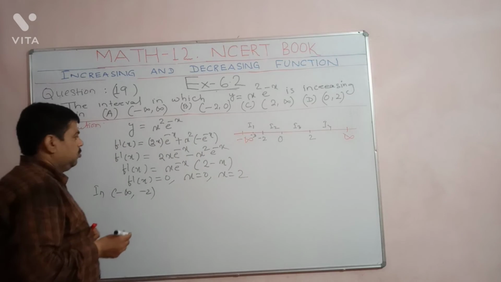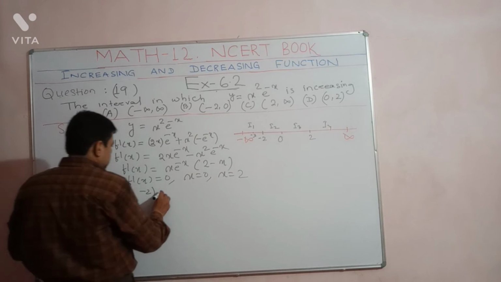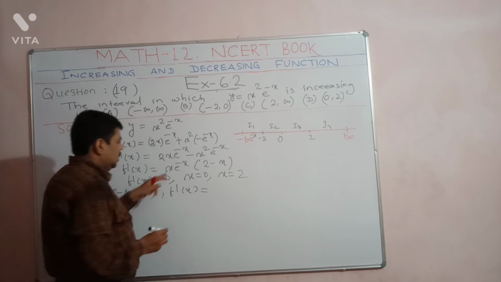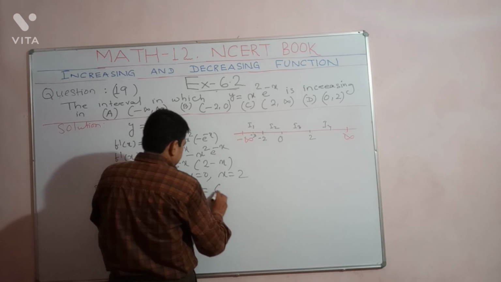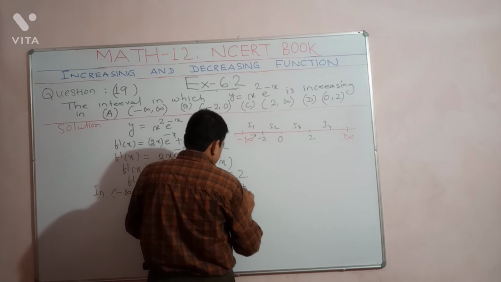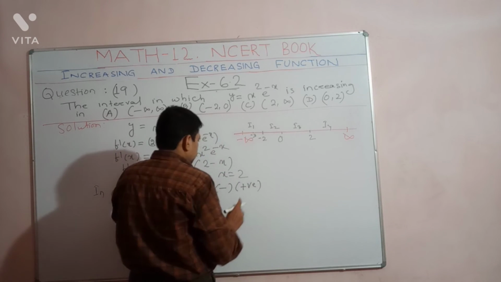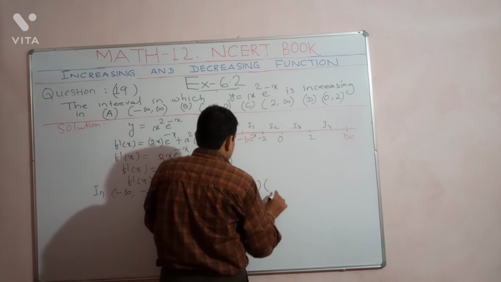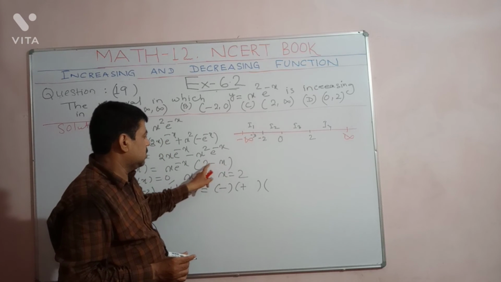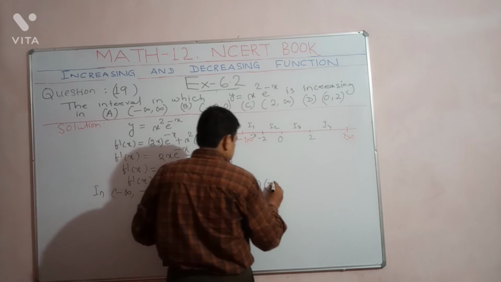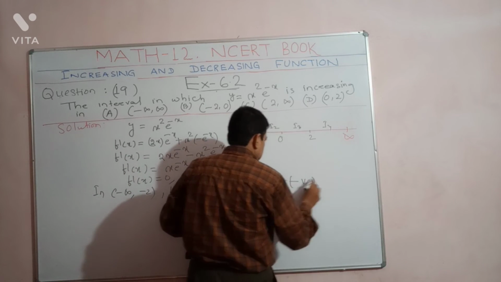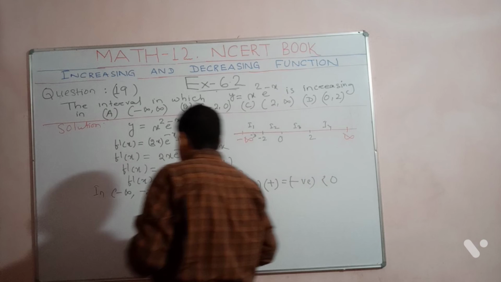Then what will happen? f'(x): for minus 3, x will be negative, and e^(-x) is always positive. Yes or no? Positive value. And here, if it is minus 3, then 2 minus x will be positive, so the overall value will be negative, which is less than 0.